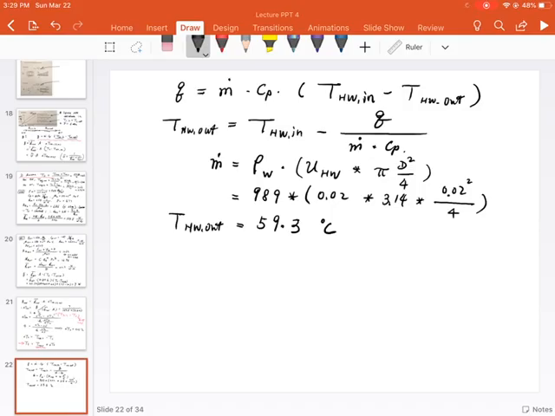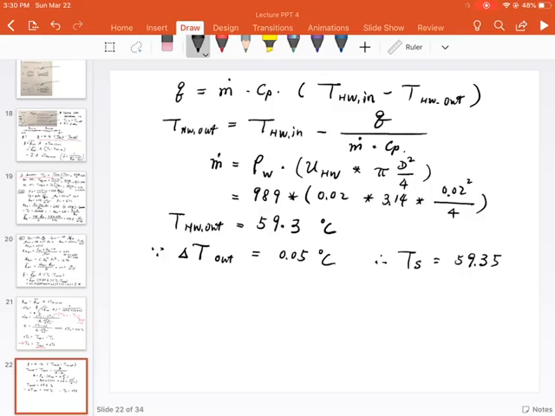The temperature difference between the surface and the outlet water at the outlet is 0.05 C. So the surface temperature at the outlet is only 0.05 C above the water temperature, which is 59.35.